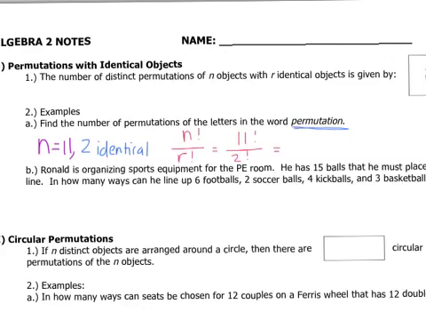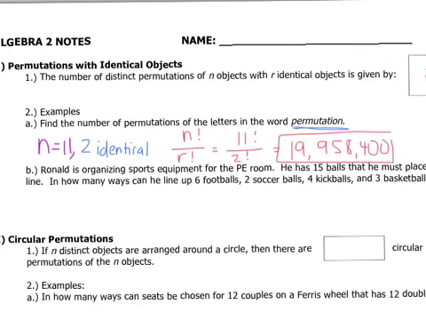You can do all of that on your calculator. This gives you, oh goodness, 19,958,400. If you would have multiple repeaters in the bottom, you would just have multiple factorials on the bottom, okay?